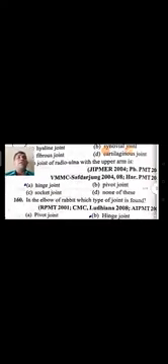Next, the joint of the radius and ulna with the upper arm is, as we have discussed, the radius and ulna are present in the arm.